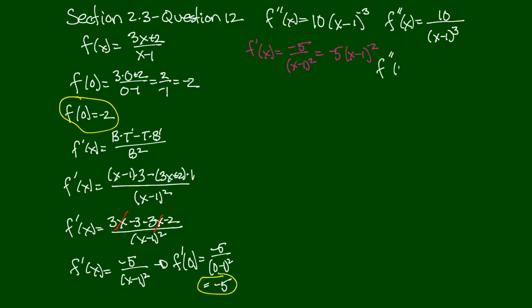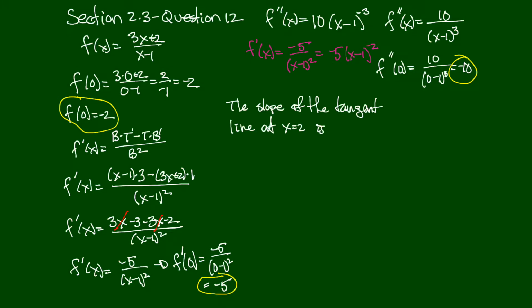So f double prime of 0 is 10 over, if you put a 0 in here, negative 1 cubed, which is negative 10. So we have the first derivative being negative 5, and the second derivative at negative 10.